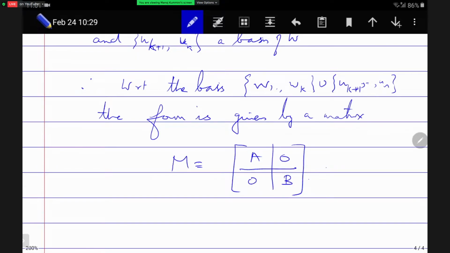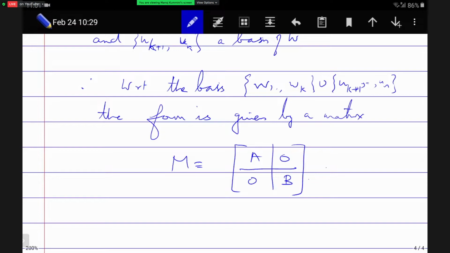This is what we just need to observe. The point is to choose a basis before we write it as a matrix. That's all. But the matrix will look like this, because it is W direct sum W perp.